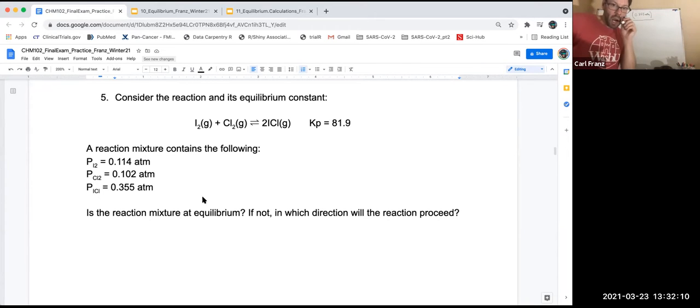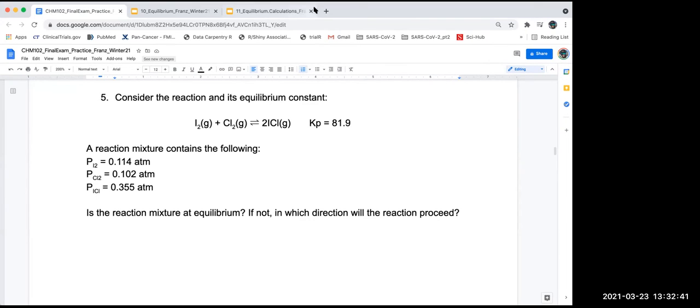Over, oh, and that is squared. And then I2, 0.114 atmospheres and 0.102 atmospheres. What do we get when we do that? 10.84. Okay.